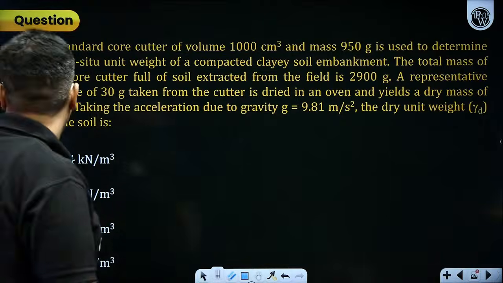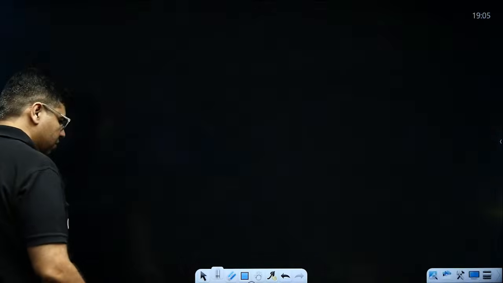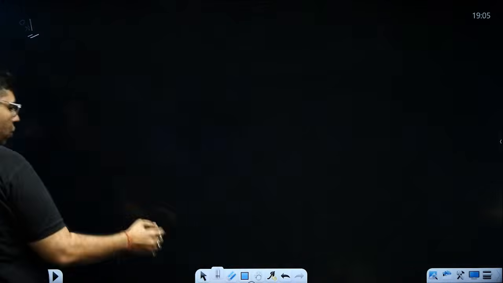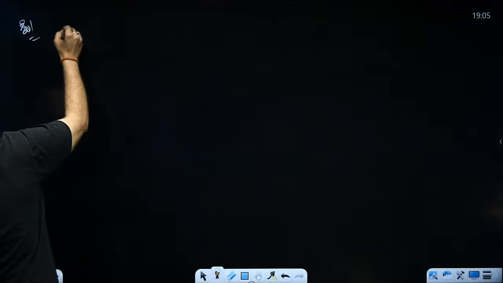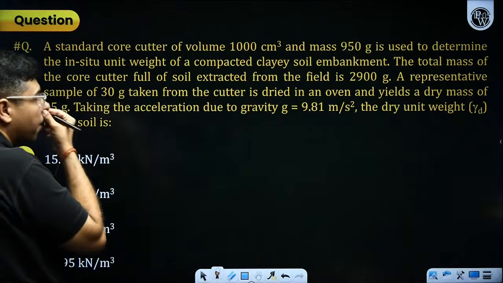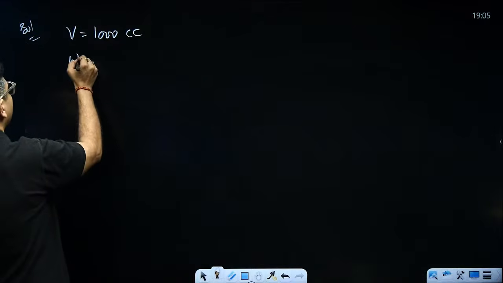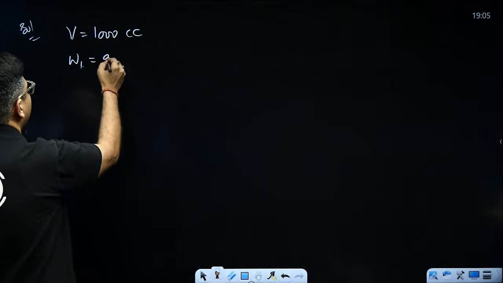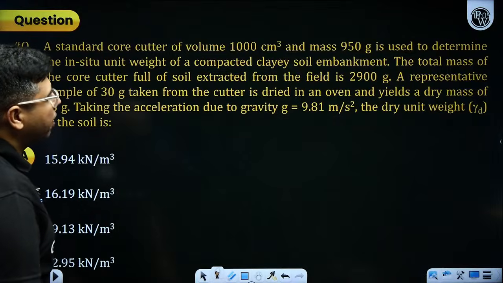15.94 you are getting. Let us try to solve this. A standard core cutter of volume 1000 cc, and mass of the empty core cutter W1 is 950 grams, is used to determine the dry unit weight of a compacted clayey soil embankment.